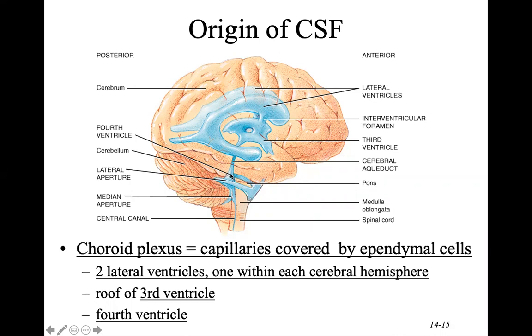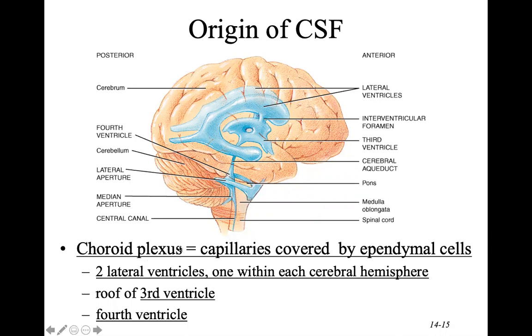And we have the lateral aperture, which is an escape route, as well as the median aperture. Those are the two ways the CSF can leave from the fourth ventricle. And then it bathes and circulates all the way down the central canal, which, if you remember the spinal cord, the butterfly in the middle, where that gray commissure is, there's that center canal or central canal.